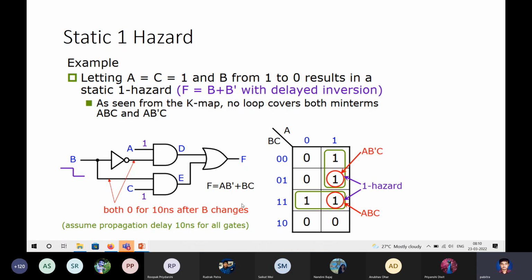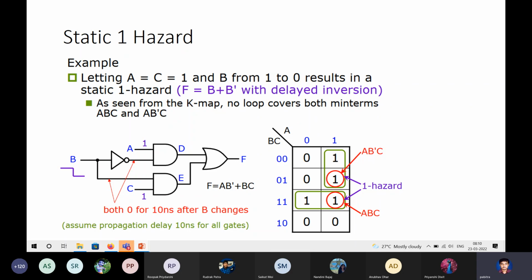F is desiredly statically 1 when, so this is a sum of product, at least any one of these product terms, either AB prime or BC, is 1 all the time. So the output f will be statically 1 since it is OR, if at least any one of them is 1 throughout the transition.